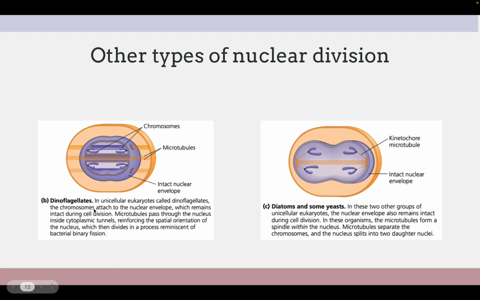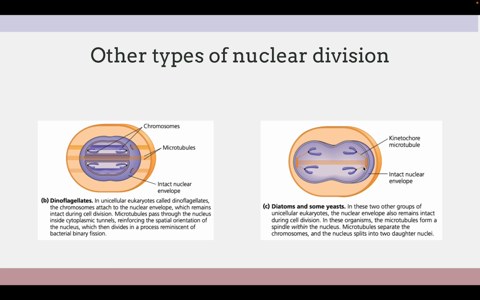In dinoflagellates, your nuclear envelope stays intact, and you're going to have microtubules going through the envelope, and that's stretching out the cell. The chromosomes are going to stay within the nuclear membrane, and it's just going to stretch until it becomes two cells.